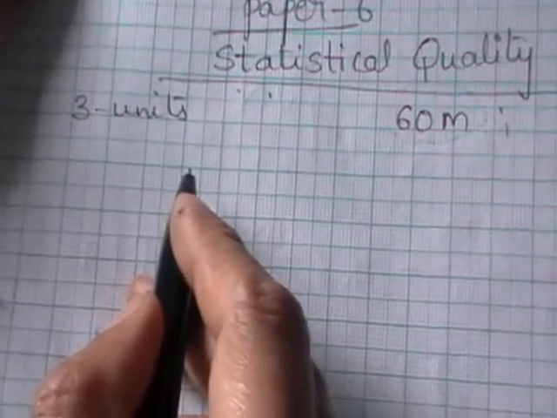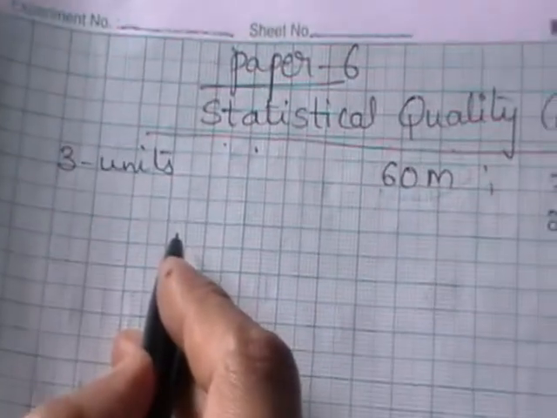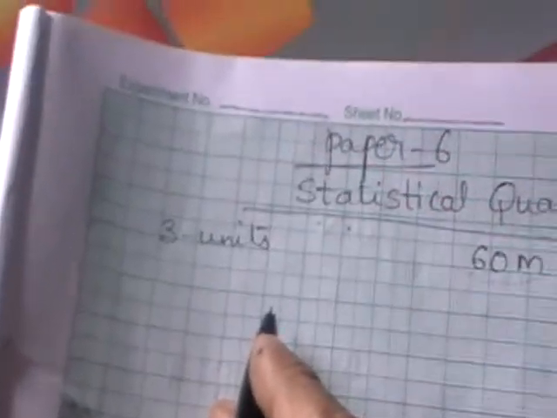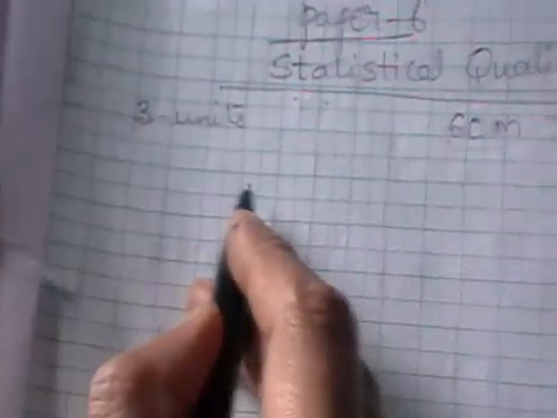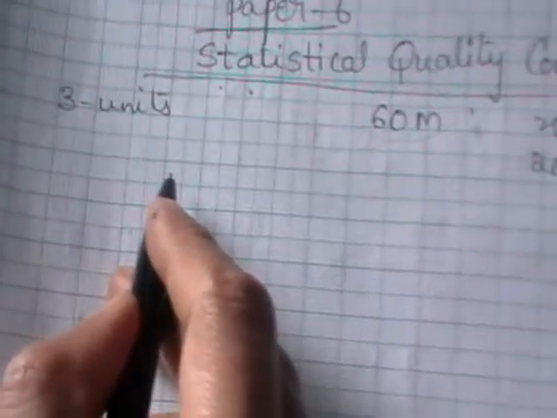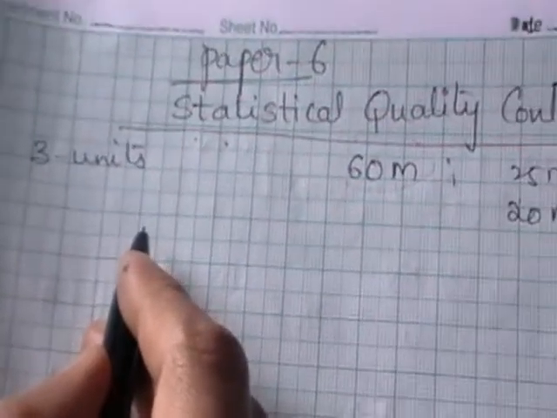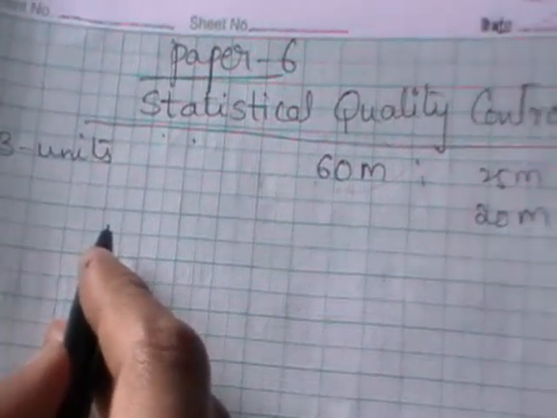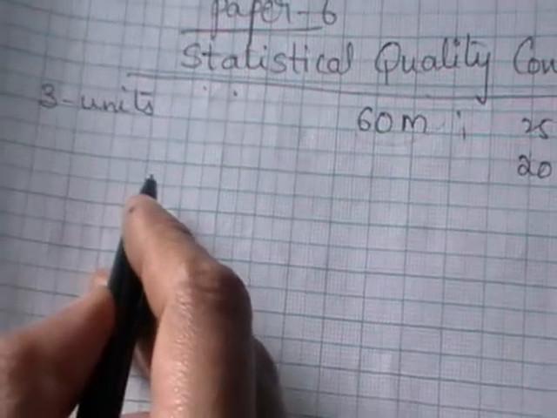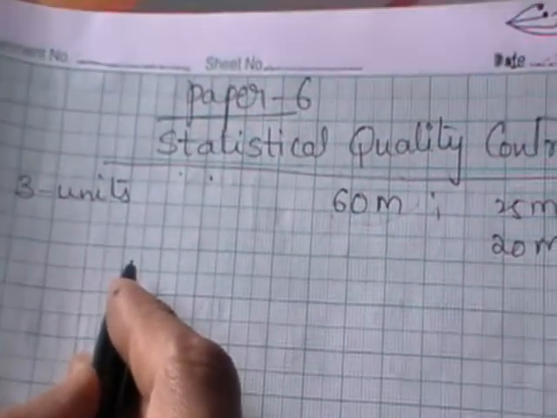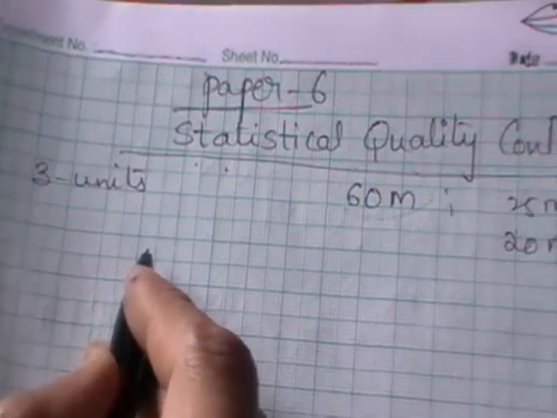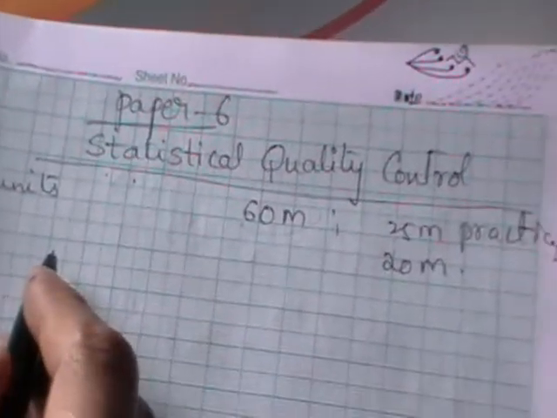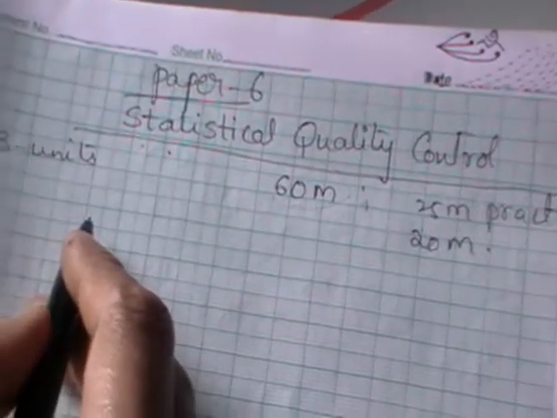The first unit consists of SQC, statistical quality control, assignable and chance causes, mean chart, range chart. All those come under the first unit. In the second unit you have control charts for attributes like number of defectives, P chart, NP chart, C chart, and certain definitions like AQL, LTPD and all.